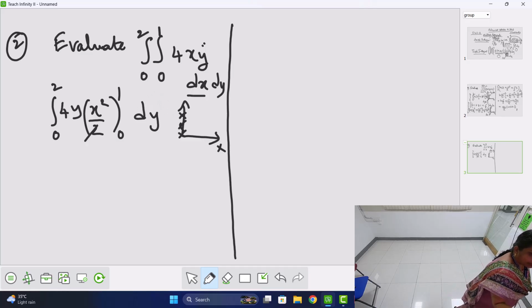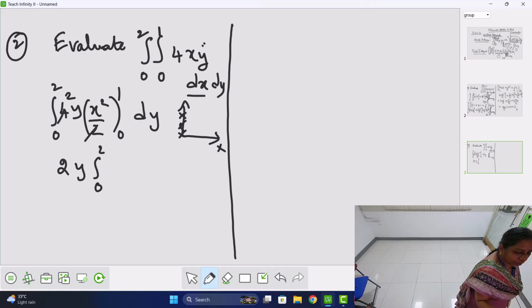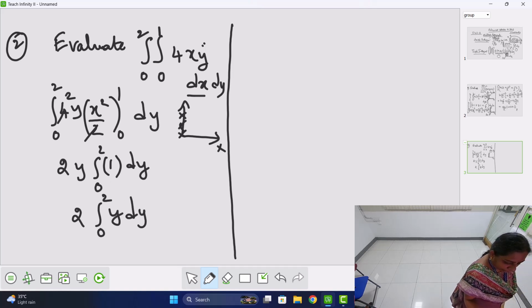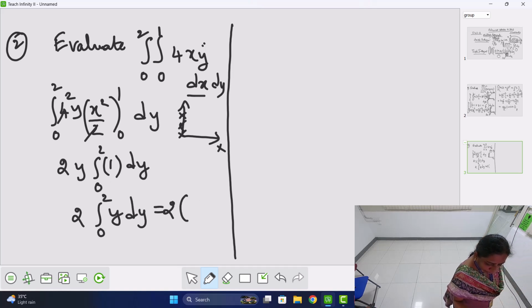So 2 gets cancelled. I'll get 2y out, 0 to 2, upper limit is 1, so 1 square minus 0 square, 1 square is 1, minus 0 square is 0, so 1. So 1 into dy, which is equal to, I'll take 2 out, 0 to 2 y dy, which is equal to 2 y squared by 2, 0 to 2.